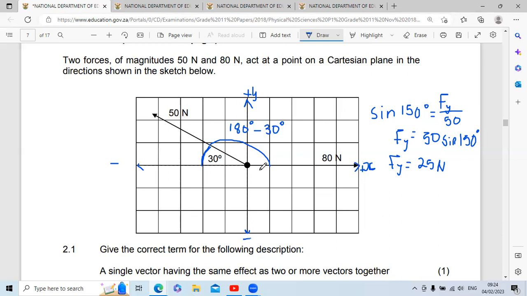So what we need to do now is find the horizontal component of the 50 Newton vector. And to do that, we're just going to say cos 150 degrees is going to give you Fx by 50.